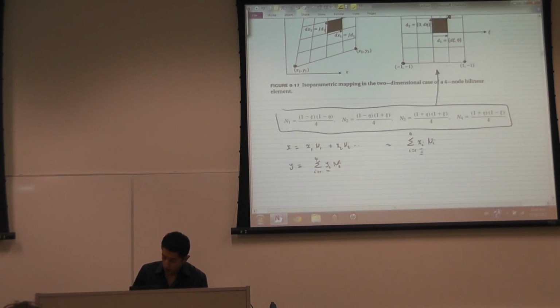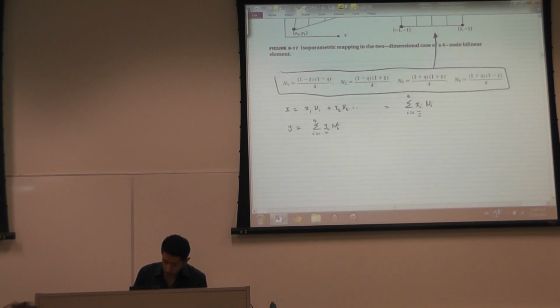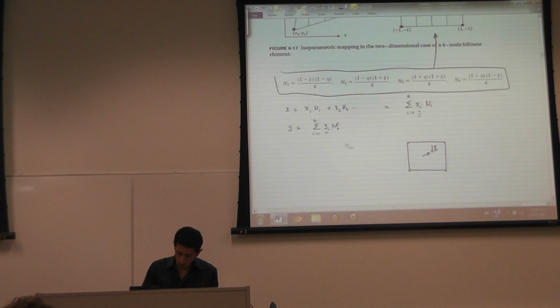So, if this is the element in the perfect world, and this is a vector, let's call it dX, I'm interested to see where that vector is.